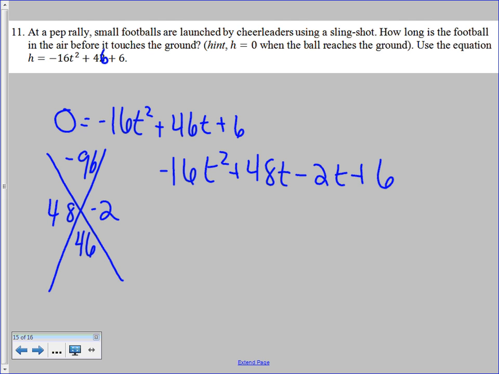I want you to go ahead, write that down, and group it. Then I want you to figure out your answer. Which one is going to make sense when you get two factors? Negative time doesn't make sense. So get your two factors, solve it. Tell me how many seconds it is till it reaches the ground once you've factored it.